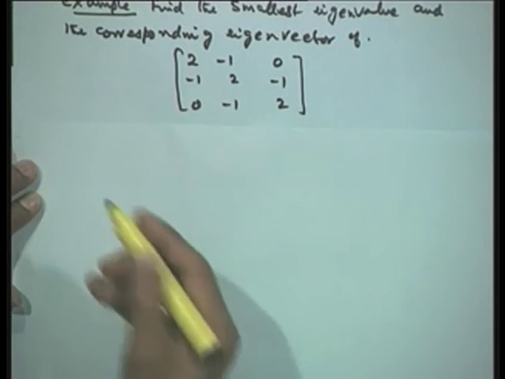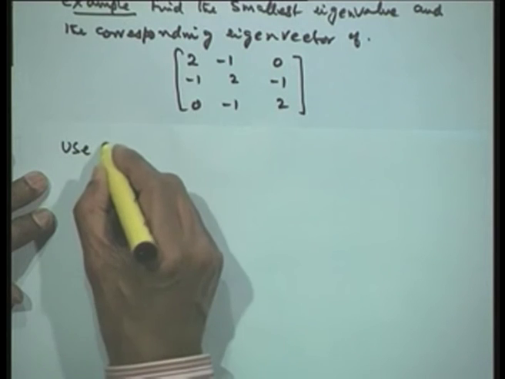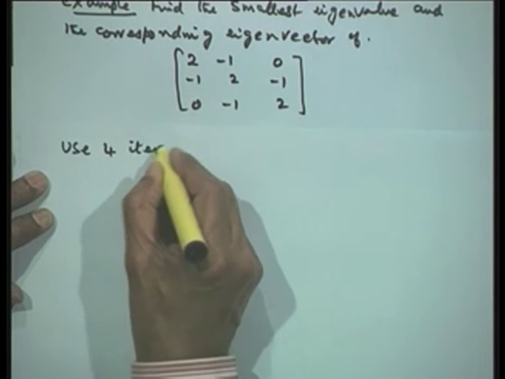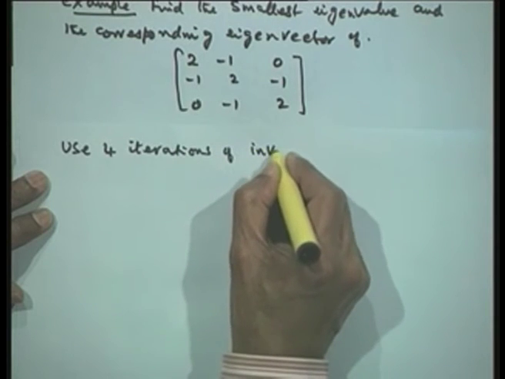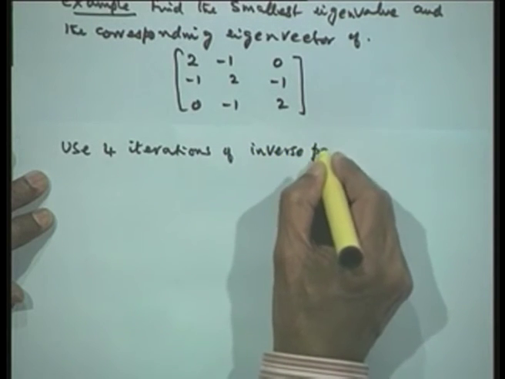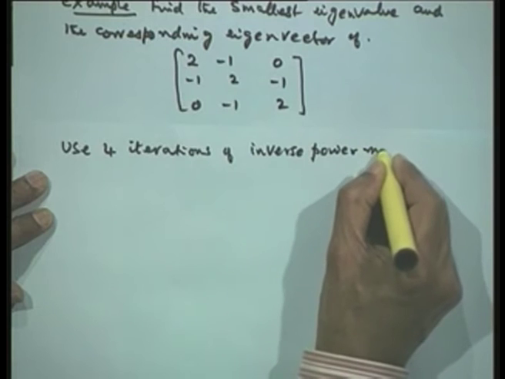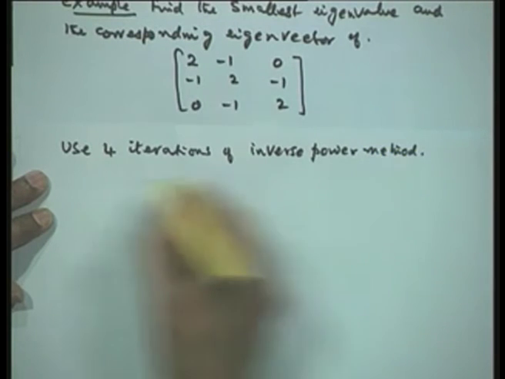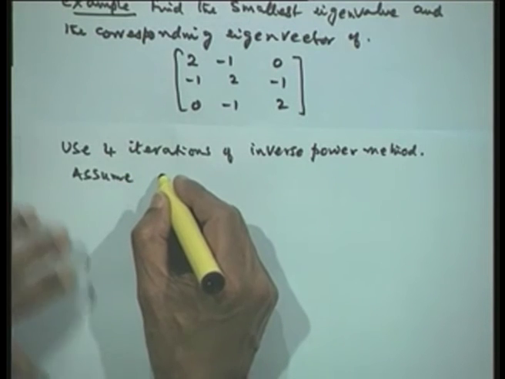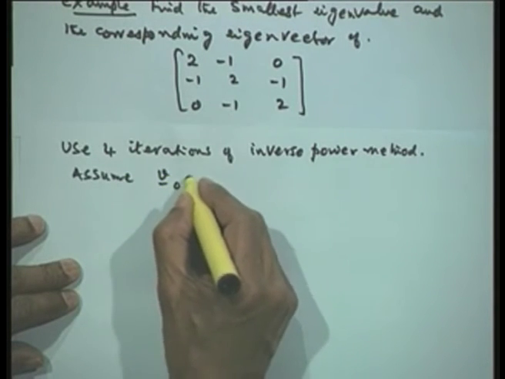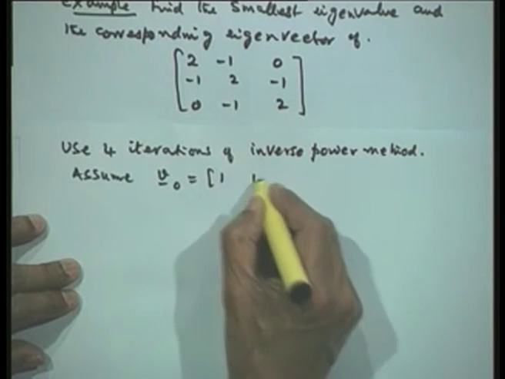Let us also specify the number of iterations: use 4 iterations of the inverse power method. Let us give the initial vector, again let us take it as 1 1 1.